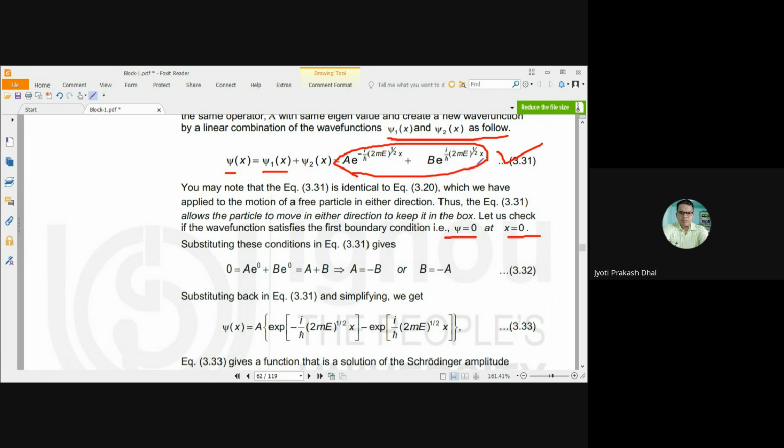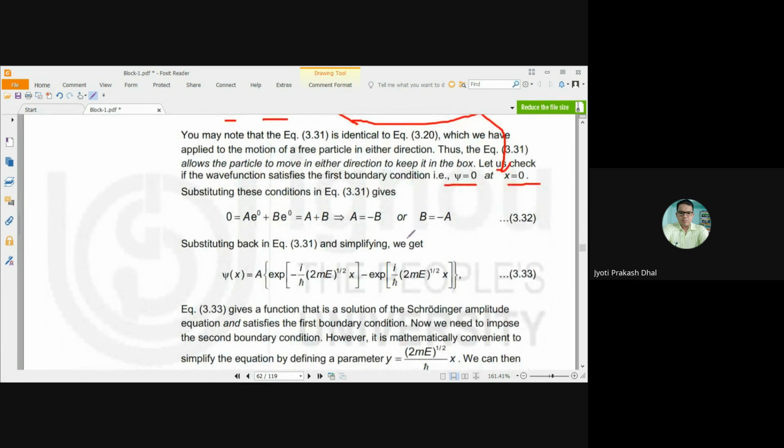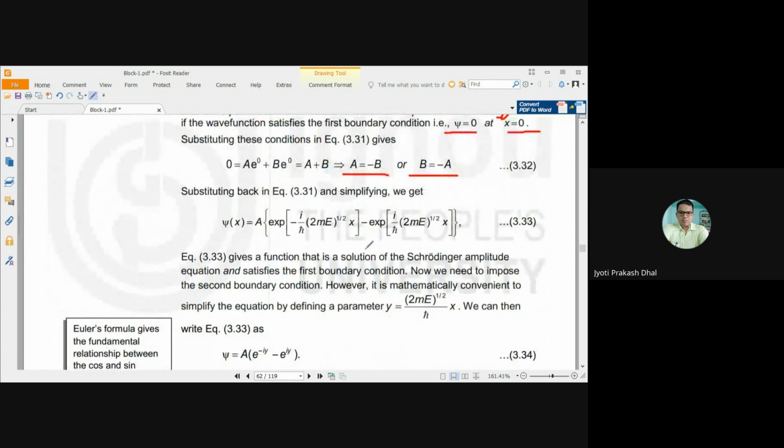If we apply it, we will find that A equals minus B or B equals minus A. Now substituting these values and simplifying, we can write the wave function psi x equals A into e to the power, e to the power means exponent, minus i by h cross square root of 2mE x minus e to the power i by h cross square root of 2mE x.